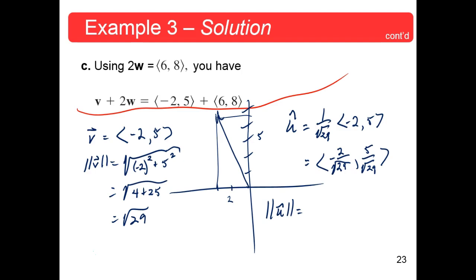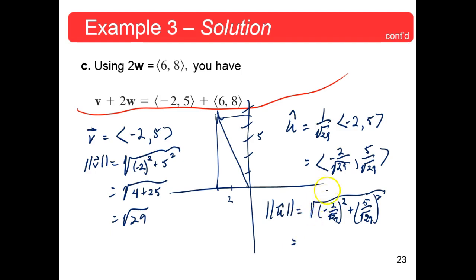So what is that? Verifying the magnitude of u. What is the magnitude of a vector? Nicoma started us last time. Square root of negative 2 over root 29 squared plus 5 over root 29 squared, right?